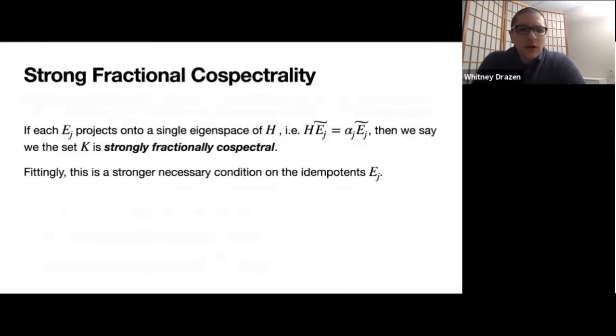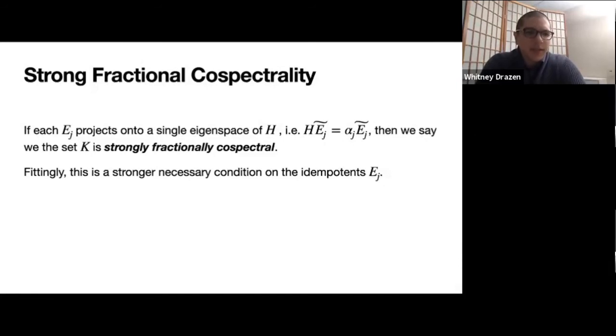Okay, so there's another important property called strong fractional cospectrality, which instead of having that H just commute with these restrictions of E sub J, says that in fact these restrictions of our idempotents E sub J actually project onto an eigenspace of this matrix H. So if this happens, then we say that the set K is strongly fractionally cospectral.